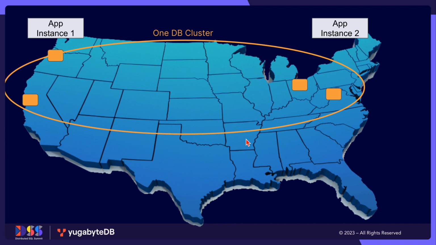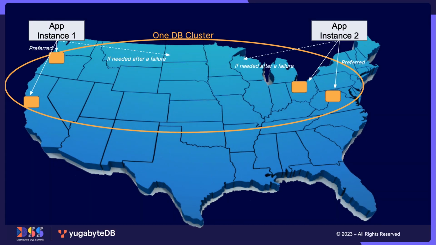Our trading app has really taken off, and the transaction volume has grown exponentially. It's become a mission-critical app for our business. As a result, we have now deployed our database as a single stretched cluster across 4 regions. We've also configured preferred locations for the database data to achieve 2 goals: 1, West Coast users will access their data on the West Coast, and 2, East Coast users will access their data on the East Coast.